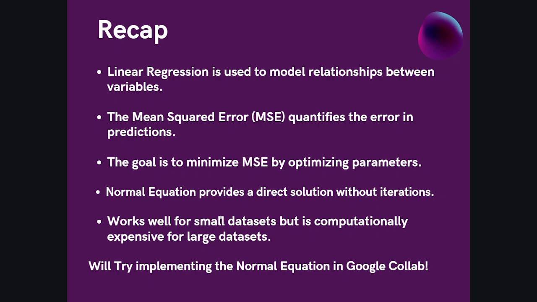As we have seen earlier, the disadvantage of the normal equation is that it is very computationally expensive because the big O notation complexity is n to the power 3, and that is why it is best for small datasets, but for large datasets, it's a big no.